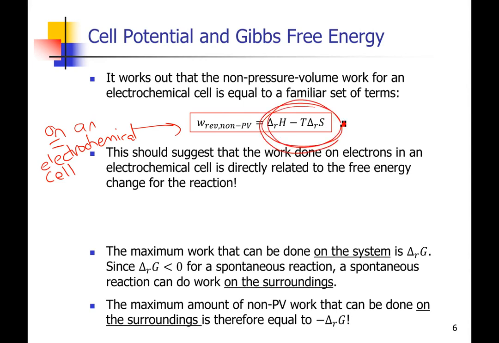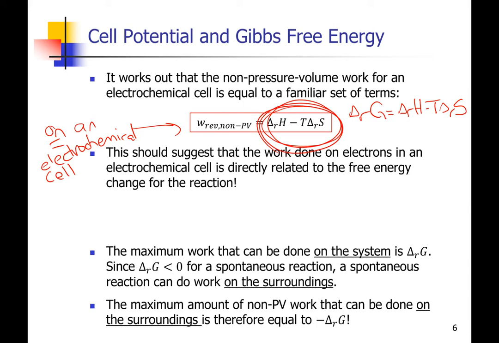And this portion of the equation over here ought to look very familiar to you, because it's half of an equation we've used a lot so far this semester, the equation relating free energy to enthalpy and entropy changes.